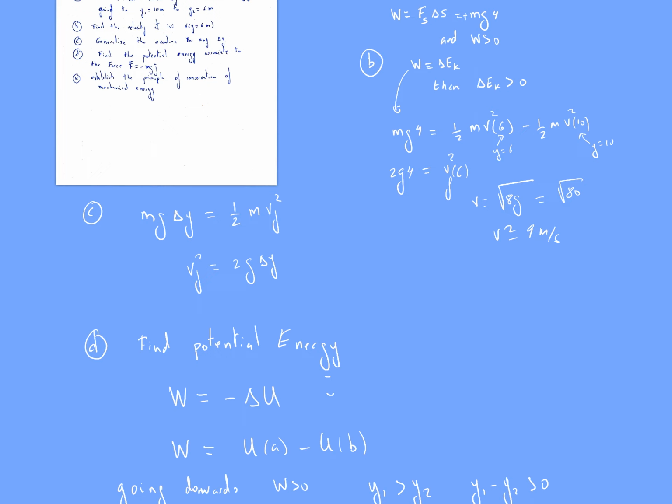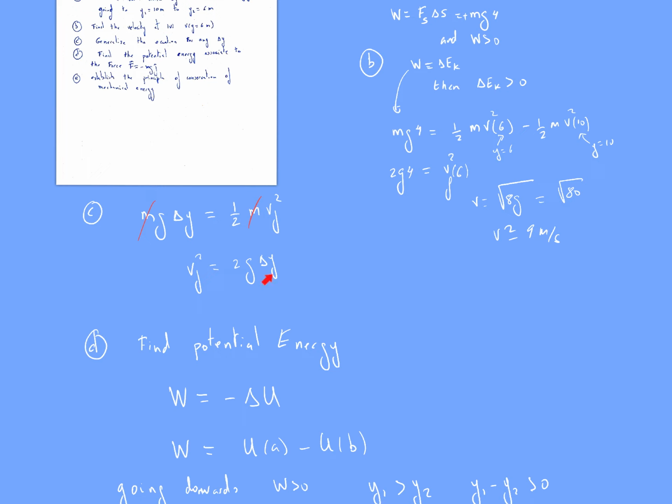So the work is mg delta y, and the total work is the change in the kinetic energy, 1/2 m v final squared. So v final squared is 2g delta y, since the m disappears and the 2 goes multiplying.